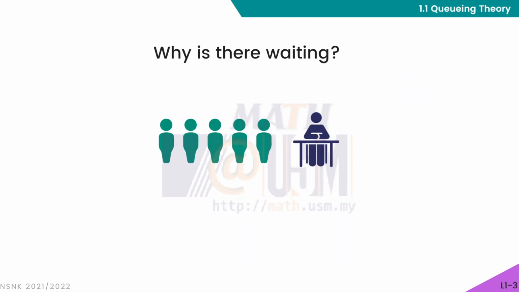So why do we actually have to wait? Why does such a situation occur? Why is there a waiting line? The simplest explanation is that there is more demand than the service facilities available to serve the customers.